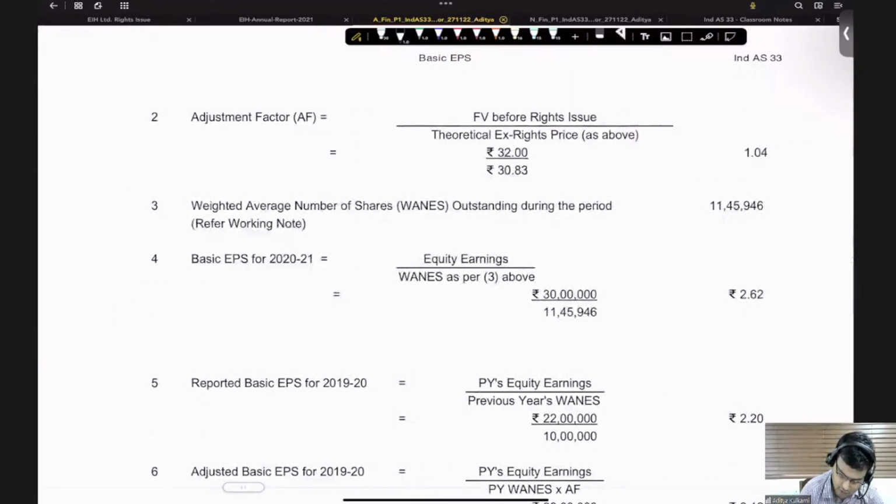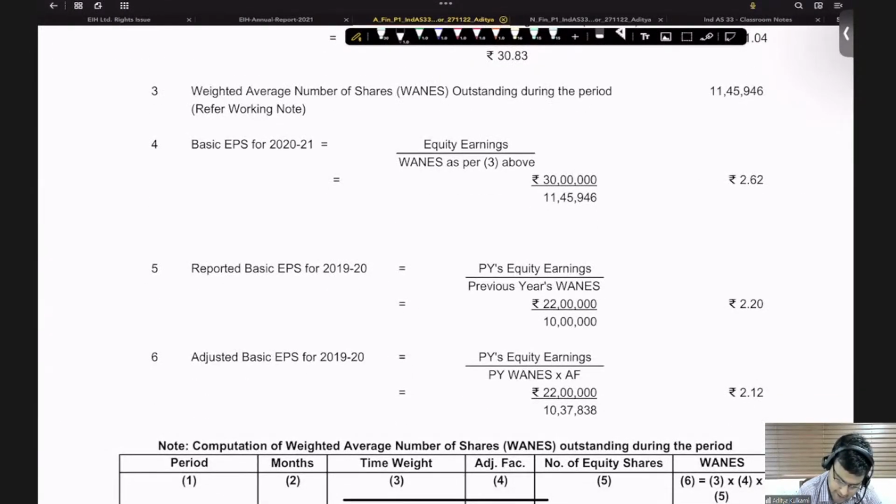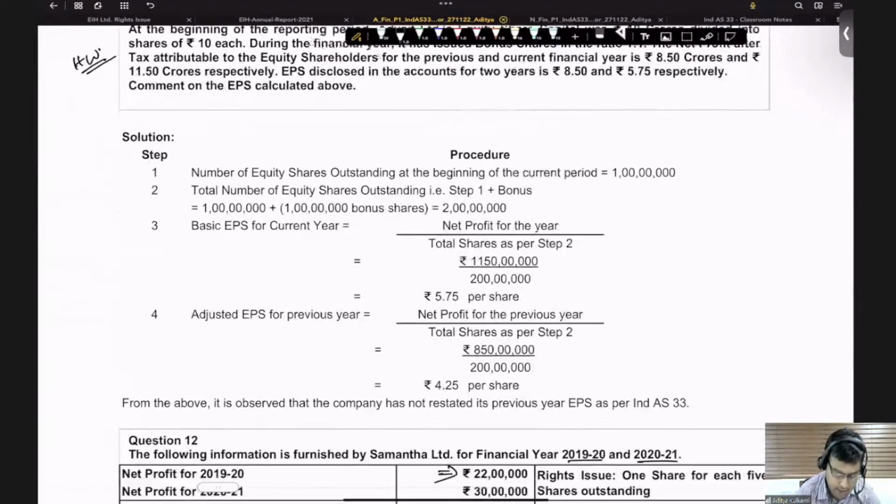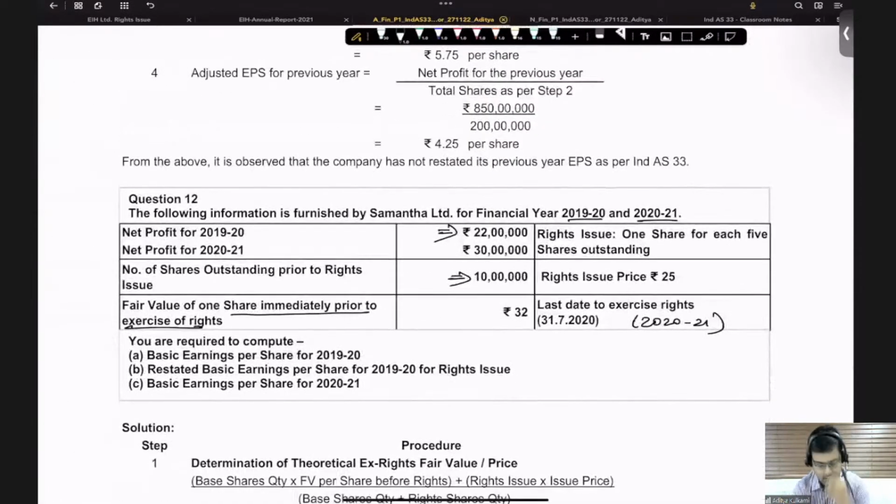So this is your reported basic EPS, 2.2. There was no tension. There were 10 lakh shares, and 22 lakh earnings. 2.2 is my reported basic EPS. And now comes the story of the rights issue.